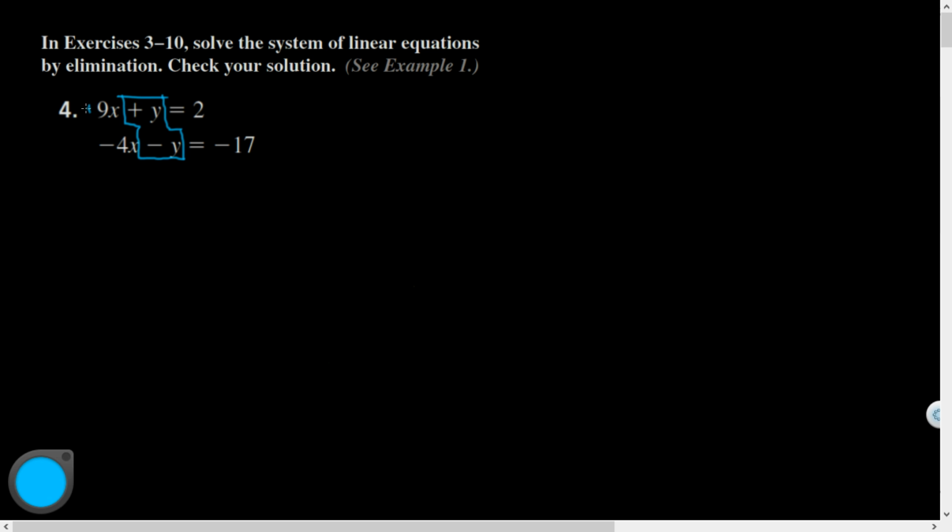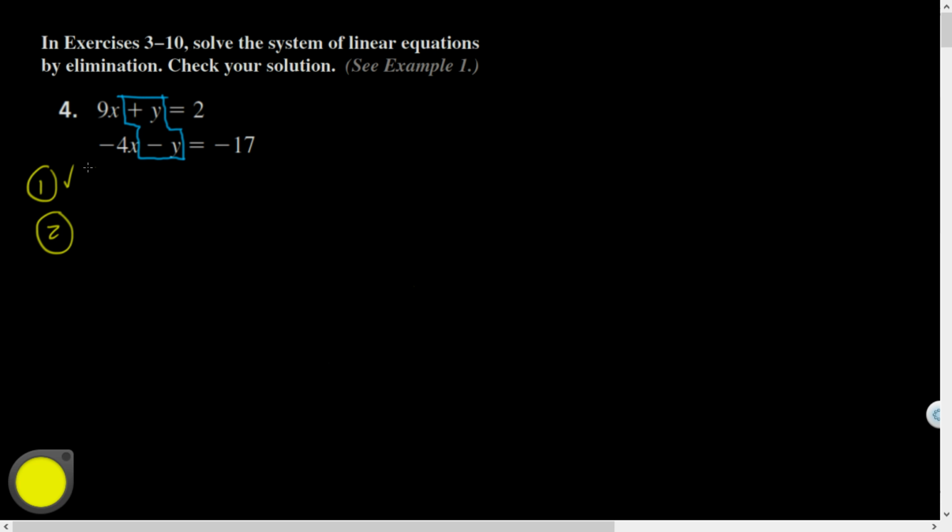And I'd say, yeah, 9 is positive, Jimmy, and 4 is negative, but those are not opposites because the absolute values are not the same. It would have to be positive 9 and negative 9, or positive 4 and negative 4. They're opposites in sign, but not in magnitude or absolute value. So step 1 is done for us.